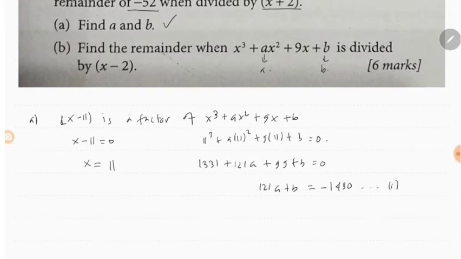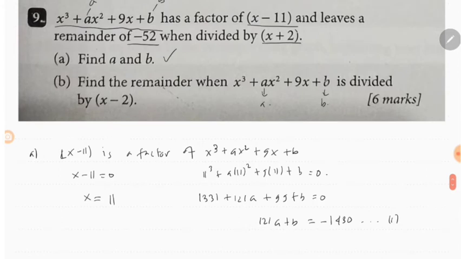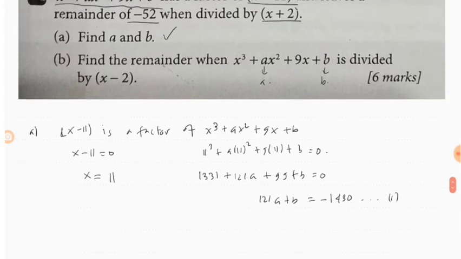And the second one: when divided by x plus 2, it gives a remainder of negative 52.